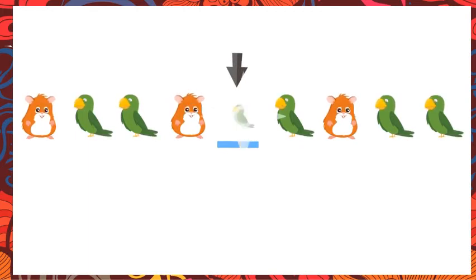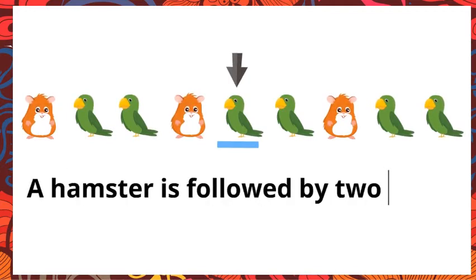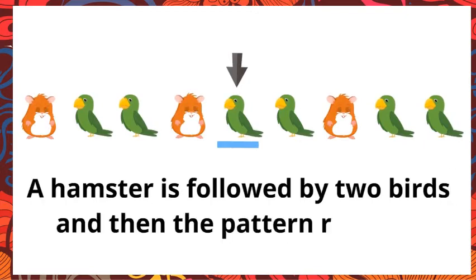Yeah, a bird. A bird goes here. Now, how do we know that a bird goes here? Well, to crack the code and figure out the pattern, we have to look at the clues. We see a hamster first, followed by two birds. Then another hamster and two birds, and it goes on and on. The rule for this pattern, then, is that a hamster is followed by two birds, and then the pattern repeats.